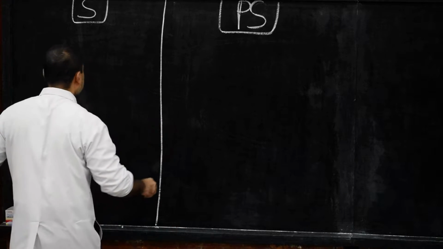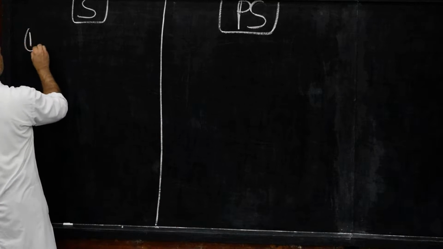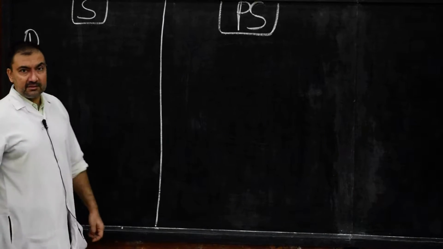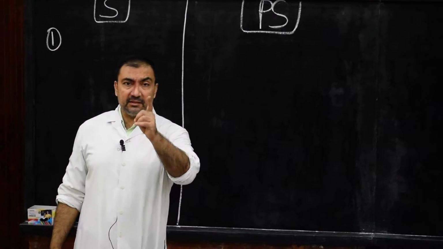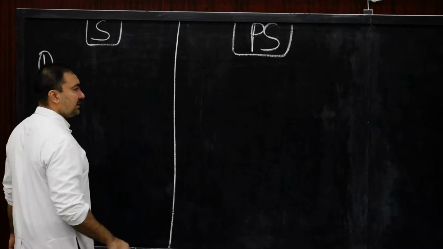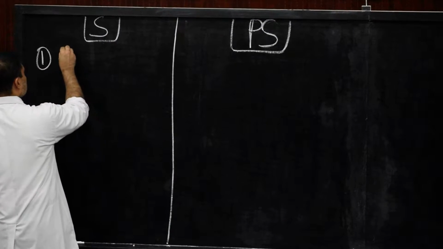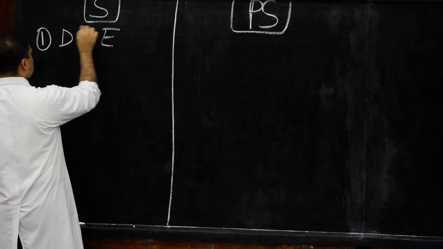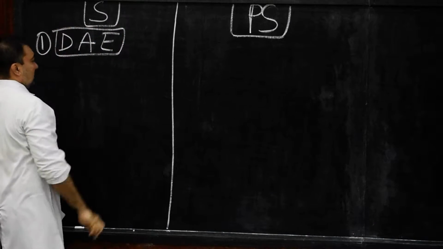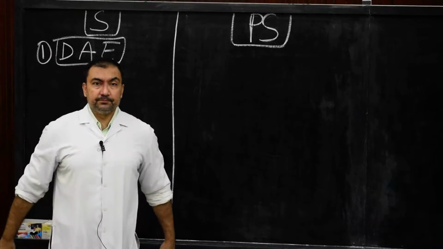So therefore, the first difference, we start with sympathetic system. In our human body, sympathetic system presents a definite anatomical entity, a definite anatomical structure.